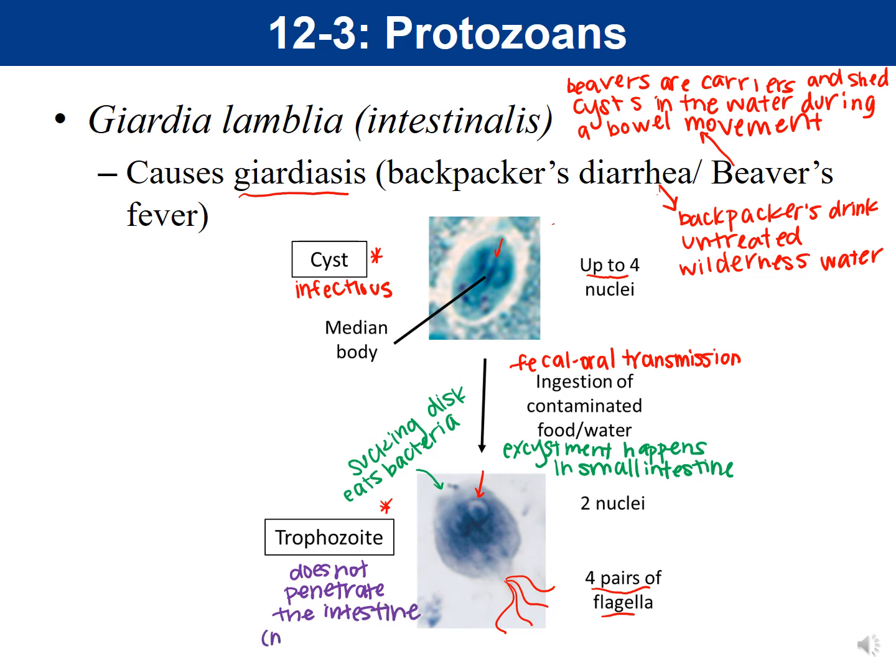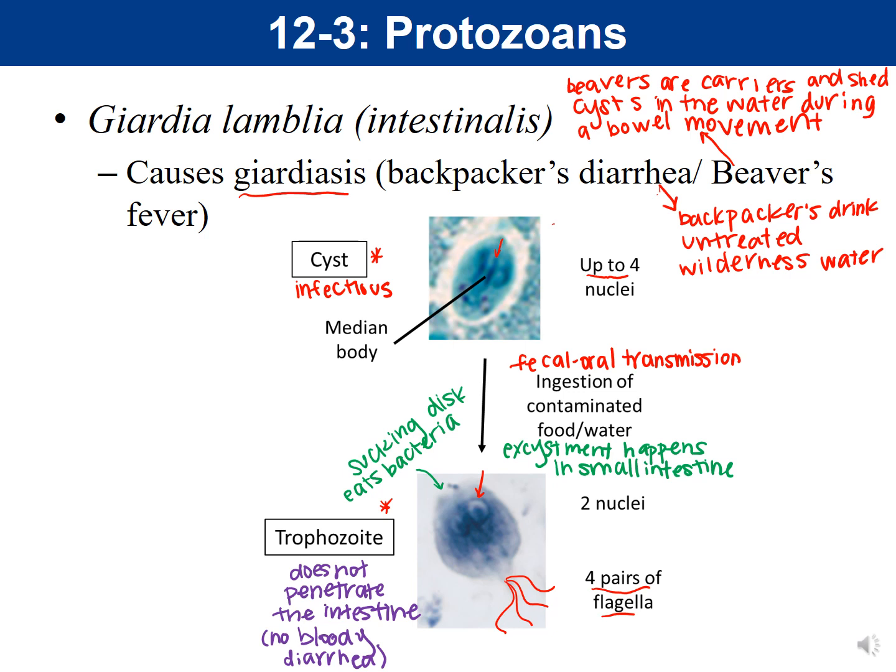So no bloody diarrhea. You're going to see when we write the symptoms, it does cause diarrheal disease. However, it does not cause bloody diarrhea because it can't penetrate the lining of the epithelium. So it's going to lead to watery diarrhea. And so this would be our troph.